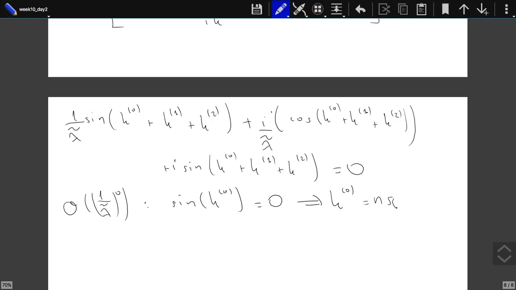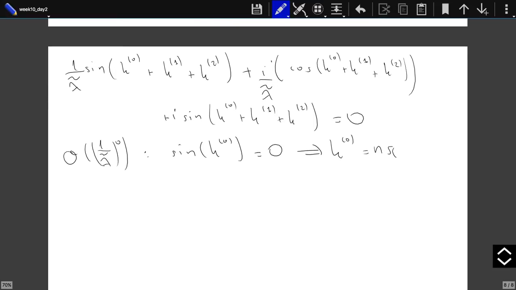Now, of course, lambda tilde is not infinity, or 1 over lambda tilde is not 0. We have corrections to this one. Let's try to calculate the corrections, the terms of the order of 1 over lambda tilde. Okay, from the first term, I have sine of k0. From the second term, I have I over lambda tilde cosine of k0.